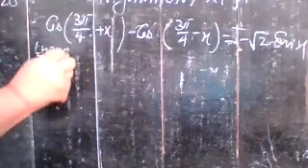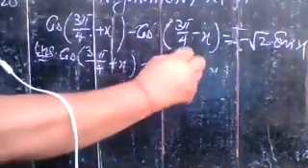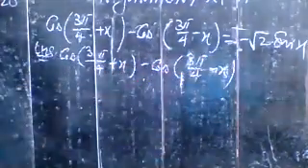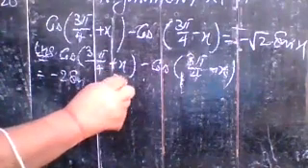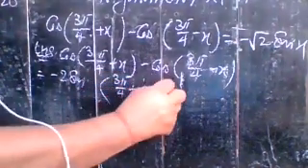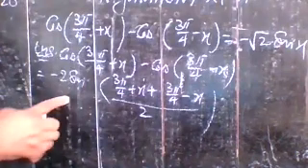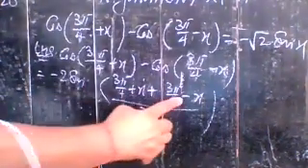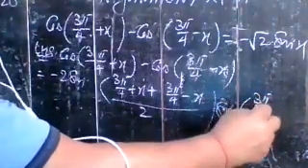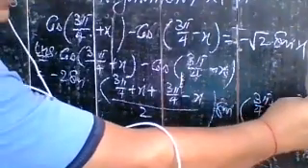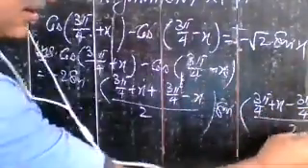So first you take the left side and write cos(3 pi by 4 plus x) minus cos(3 pi by 4 minus x), and applying here minus 2 sine of (x plus y by 2), meaning (3 pi by 4 plus x plus 3 pi by 4 minus x) whole divided by 2, times sine of (x minus y by 2), so you have 3 pi by 4 plus x minus 3 pi by 4 plus x, just change your sign, and whole divided by 2.